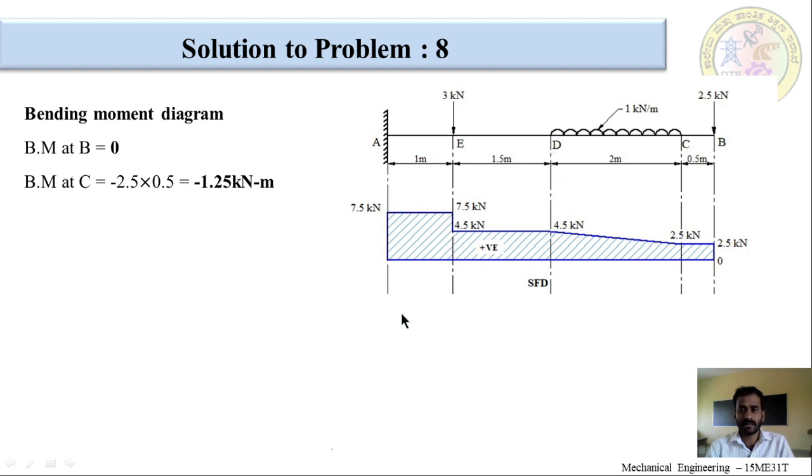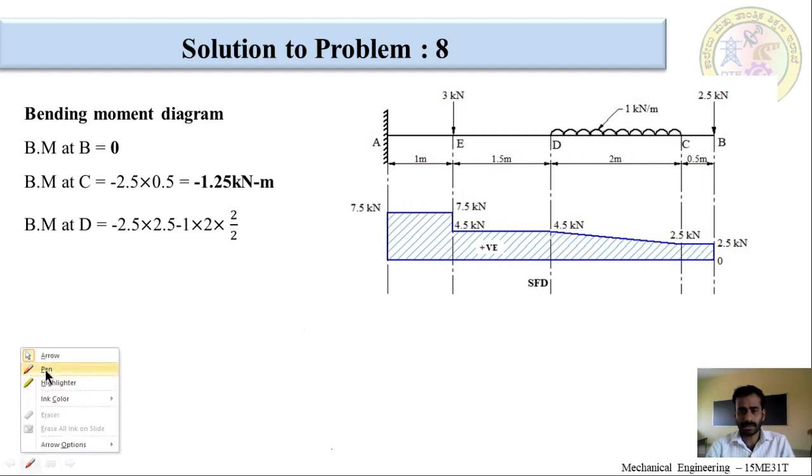Now, the next point is bending moment at D. Okay. Bending moment at D is equal to this load into the distance. Load is 2.5, distance is again 2 plus 0.5, 2.5 meters. So, minus 2.5 into 2.5 minus this UDL is to be considered. So, we cannot directly take the UDL.